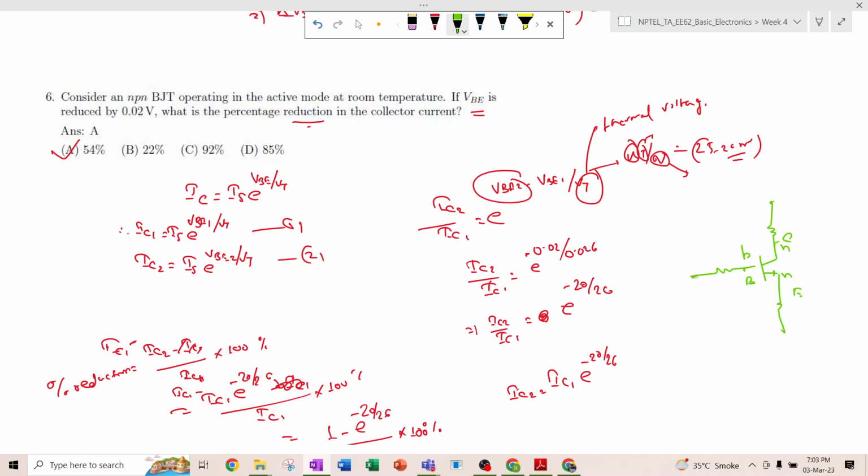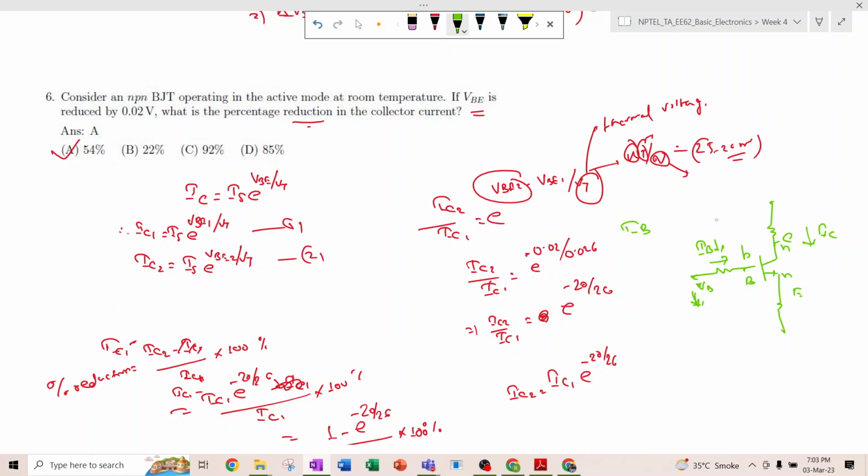We are applying some voltage, that is VBE. So if we reduce this voltage, the amount of current IB will get reduced.